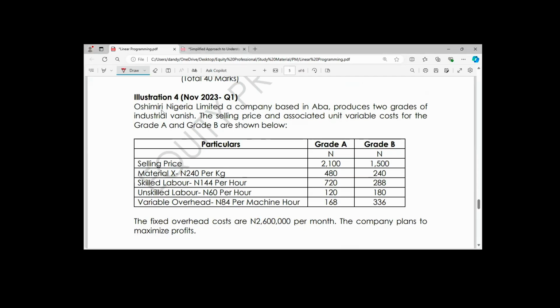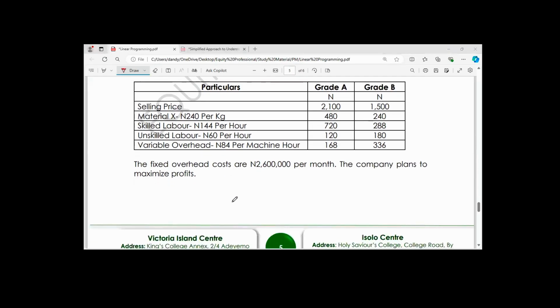The selling price and associated unit variable costs for grade A and grade B are shown below. And we have a table showing particulars, grade A and grade B. All figures are assumed to be correct. The fixed overhead costs are 2,600,000 per month. The company plans to maximize profits.